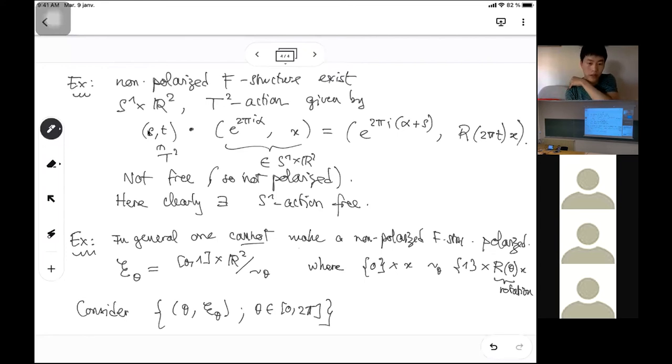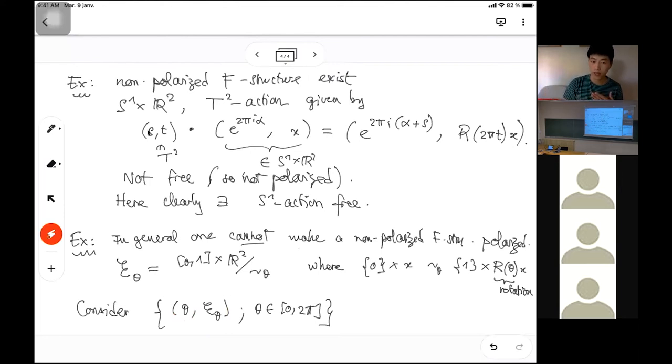So let's think about that for a second. And so here, when theta is 0, the angle is 0, then E theta is E0, which is simply the flat S1 cross R2. All right. And when theta is 2 pi, then actually you have an isometric object. So it's also the flat S1 cross R2. So there's a natural isometry between E0 and E1.